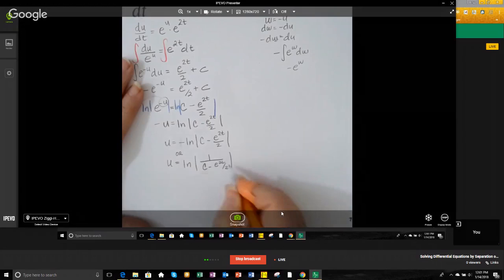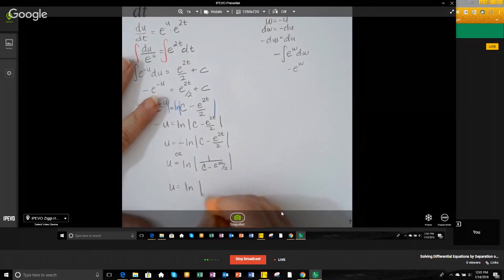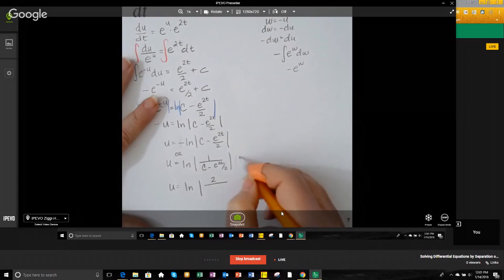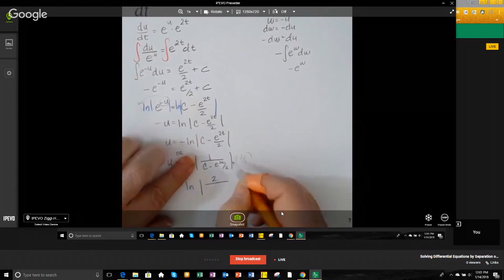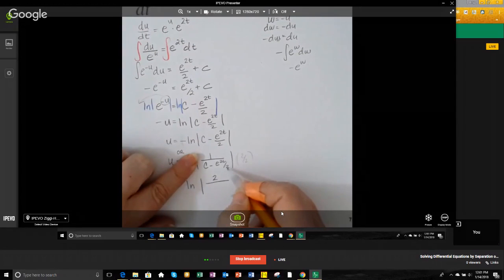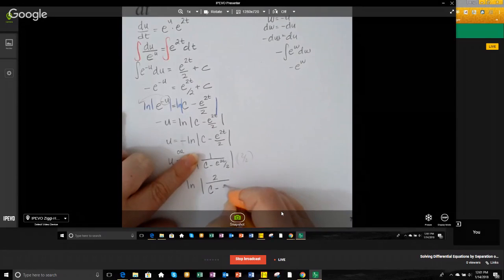And then I could multiply everything by 2 over 2 and get u equals the natural log of the absolute value of 2 over, and if I multiply everything by 2 over 2 inside of the log here, that's going to be a 2 in the numerator, and then the 2 cancels out down here, and then 2 times a constant is still a constant, so it can have the same form here.